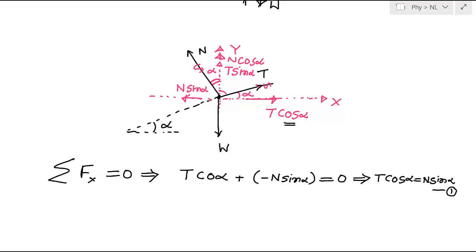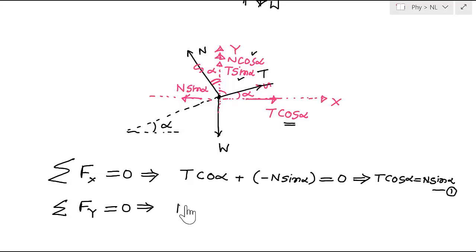Similarly, we can write the equilibrium equation along the y-axis, that is, summation of Fy is equal to 0. So what are the forces acting along the y-axis? N cos alpha and T sin alpha are along the y-axis and positive.